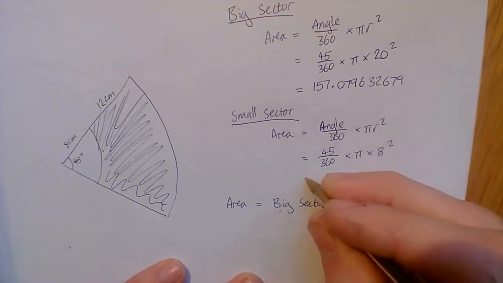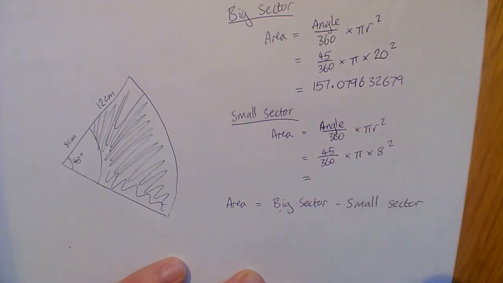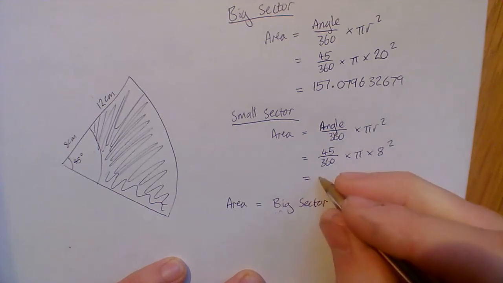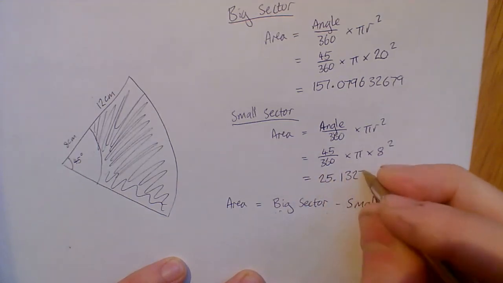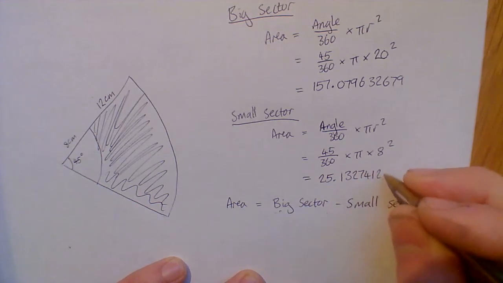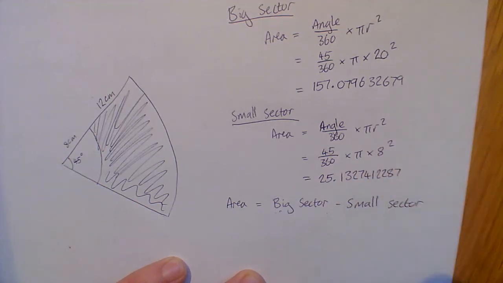So that's 8 squared. And again, we're going to put that in the calculator and find out what we get. Let me just do that. So that gives us 25.132741228.